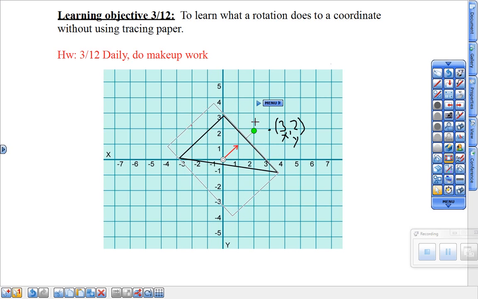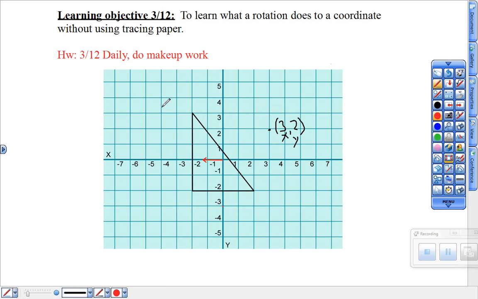And the same rule applies every single time. If you have an object and you rotate it 90 degrees to the left, 90 degrees counterclockwise, that point that used to be 3, 2 right here in the triangle now rotates over here to the left after that 90 degree turn and ends up right here at the point -2 for x, comma 3 for y.